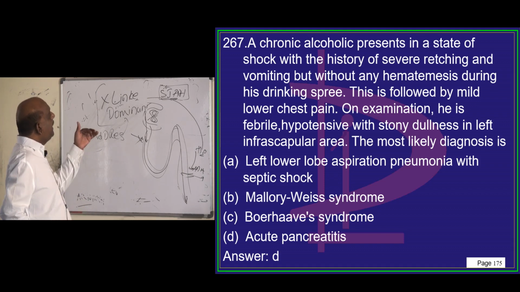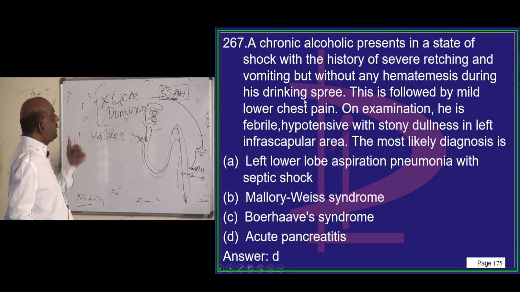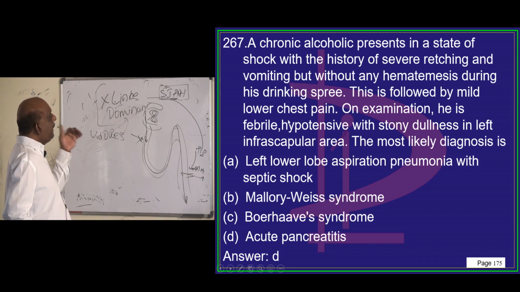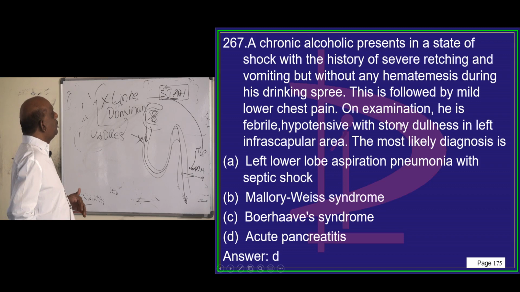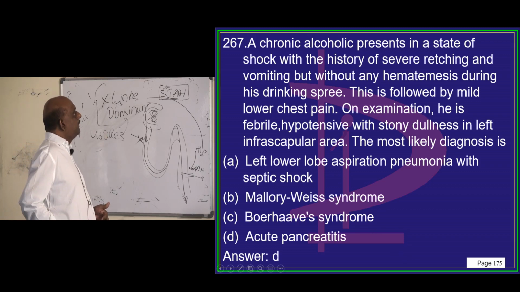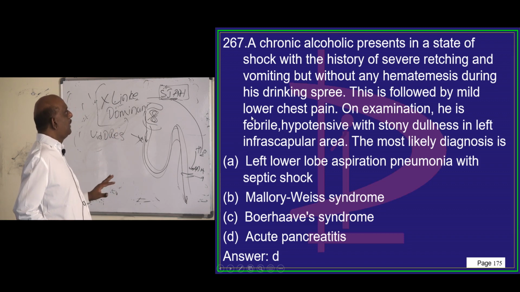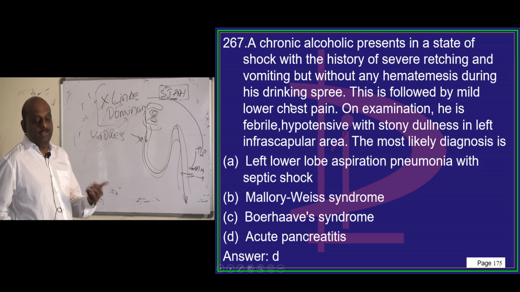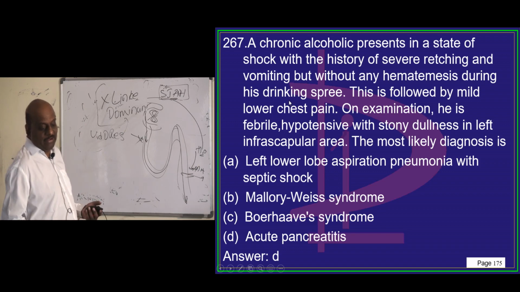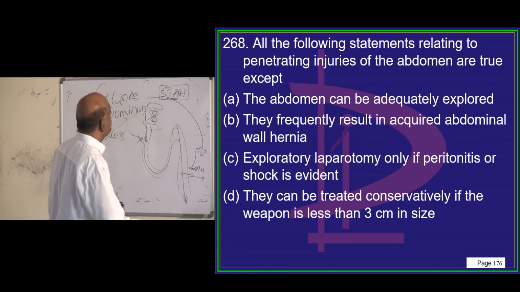But without any hematemesis during his drinking spree, followed by lower chest pain and febrile hypotensive. So that points towards acute pancreatitis because there is no hematemesis, but drinking alcohol is a predisposing factor for acute pancreatitis.